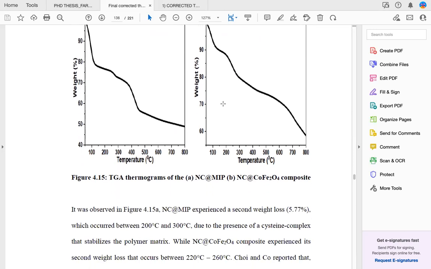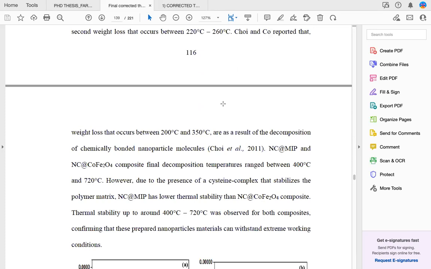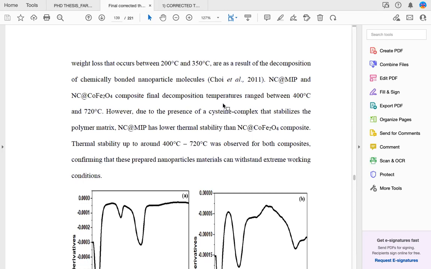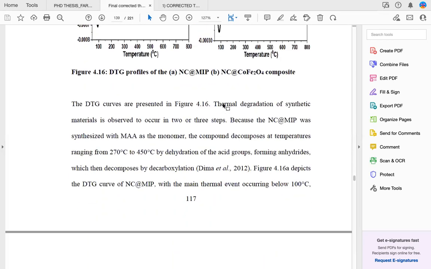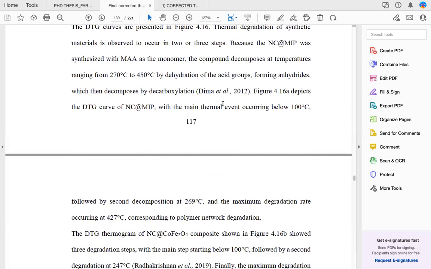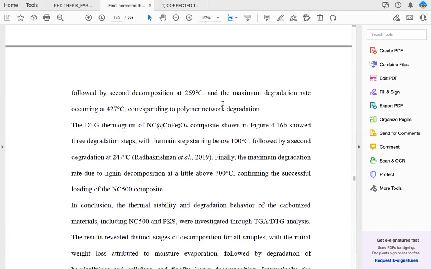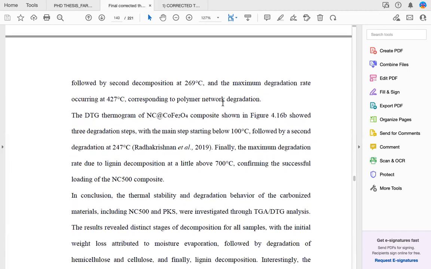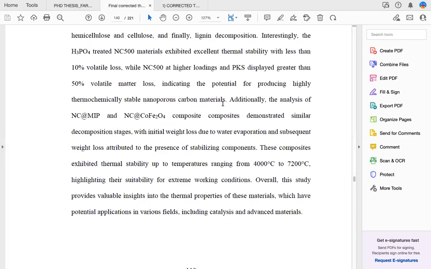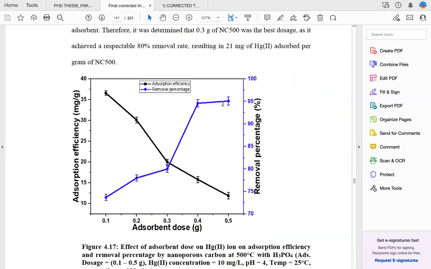But it's not always important, because you're not doing speciation. You just want to know the thermal stability. You can do DTG if you need to, but please remember, you need to know why you do it, why you need to do DTG, why you need to do DTA. You just don't simply do it. Please know the reason why you do it. Okay, all right, I think that's it.